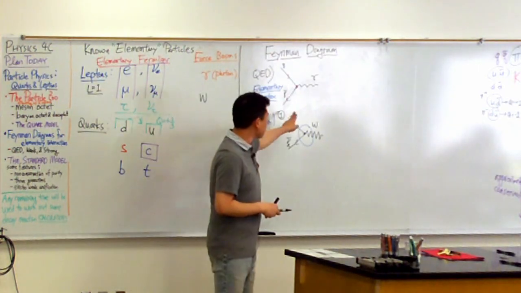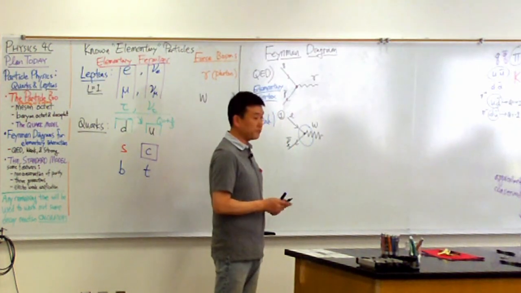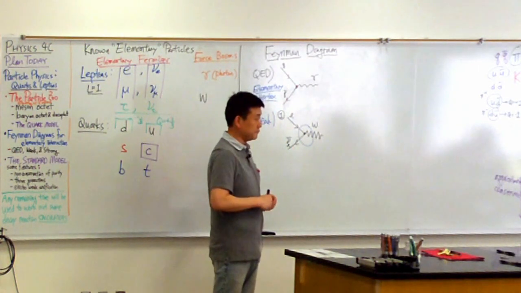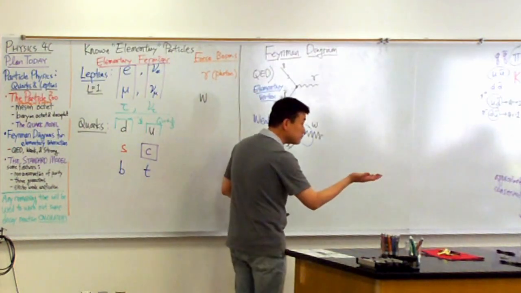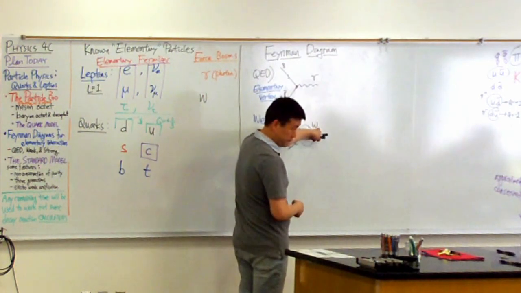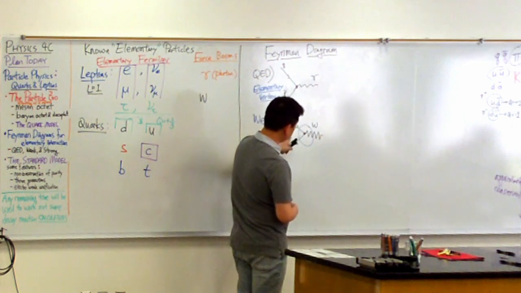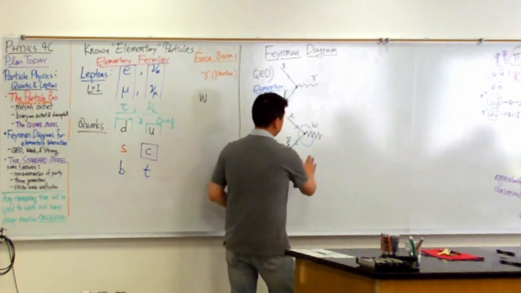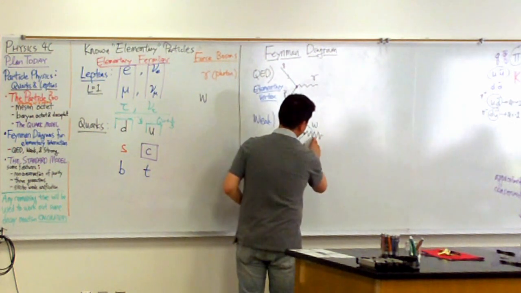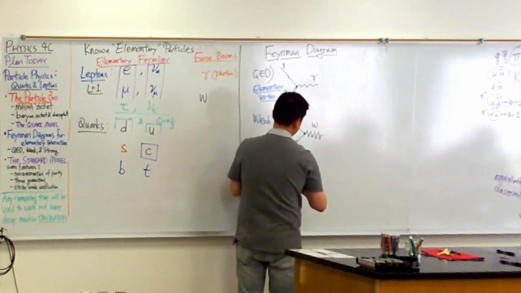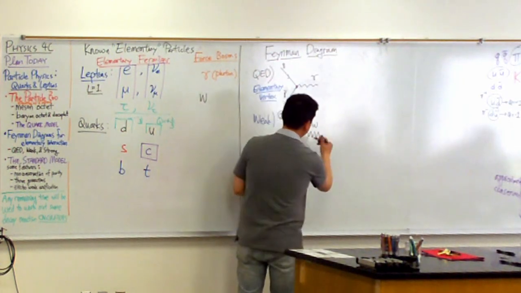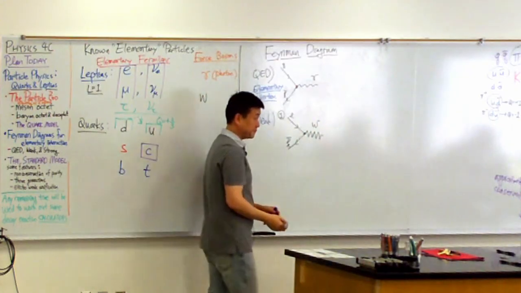What do you know about the lepton and the neutrino? Those must have a charge. Yeah, this must have a charge because the lepton has a charge and the neutrino doesn't. So the lepton, the particle version, has a negative charge. That means this W boson must have a charge of minus.